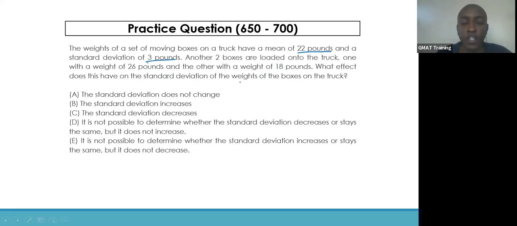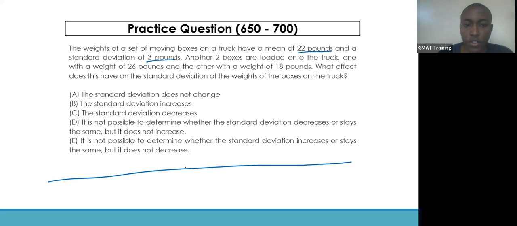From our standard deviation video, we talked about how adding new observations into a set will affect the standard deviation. Let's draw the same or similar scale that we used. We have the mean, the standard deviation to the right, that's 3. If the mean is 22, then a distance of 3 should be 25, and 3 below should be 19.